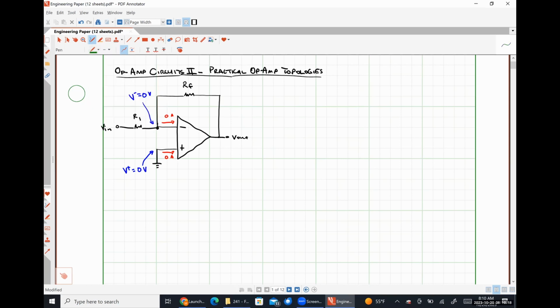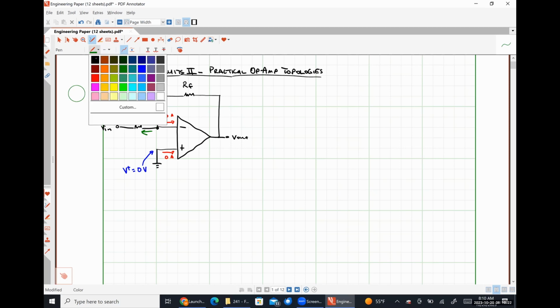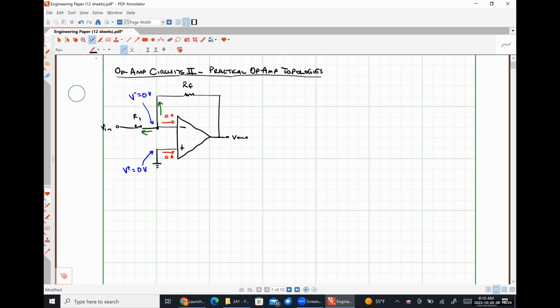Applying Kirchhoff's current law at our inverting input node will give us the relationship negative Vn divided by R1 minus V out divided by RF is equal to 0. So I just got rid of the 0 minus parts of those expressions because they don't really do anything for me.